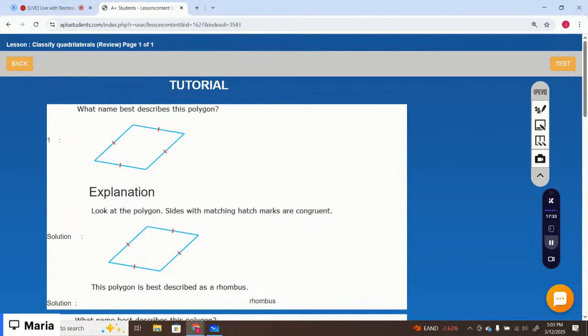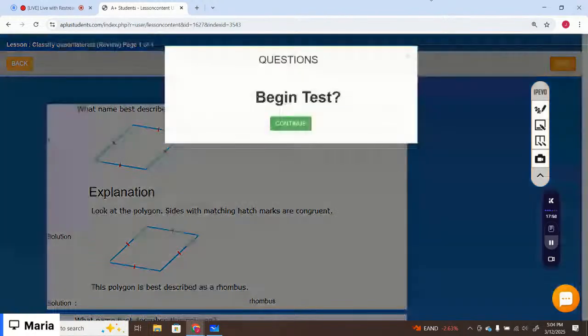So that is the rhombus because all four sides are congruent. Let's start with the test questions.